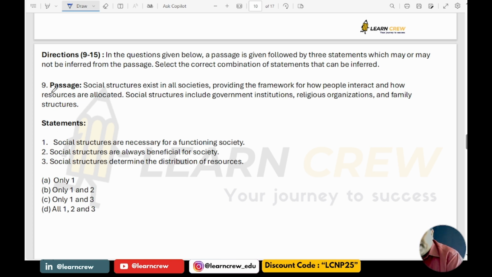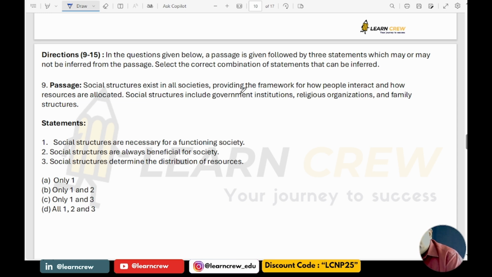See the passage here. Social structures exist in all societies, providing the framework for how people interact and how resources are allocated. Social structures include government institutions, religious organizations, and family structures. This is the passage given.